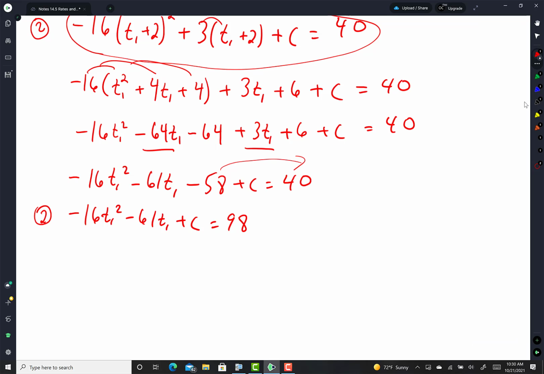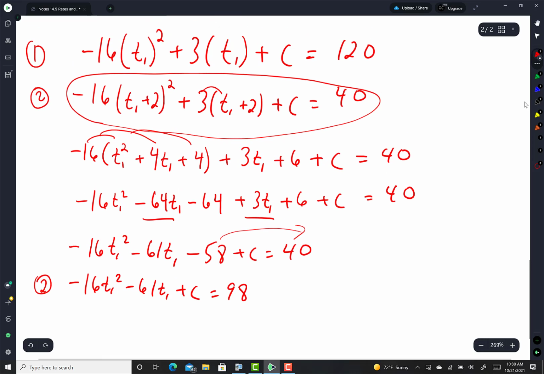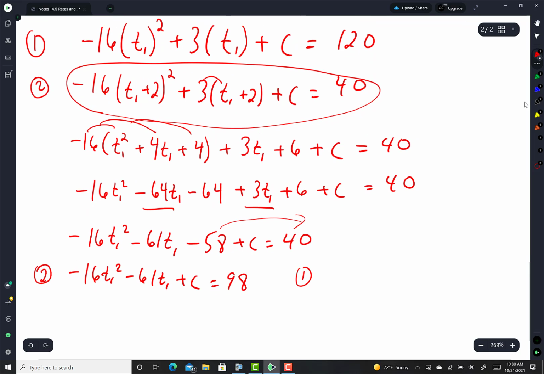I have equation 1 and equation 2, and I want to solve for C. There may be other ways, but here's what I would do. I'm going to take equation 1, negative 16 T1 squared plus 3T1 plus C equals 120.